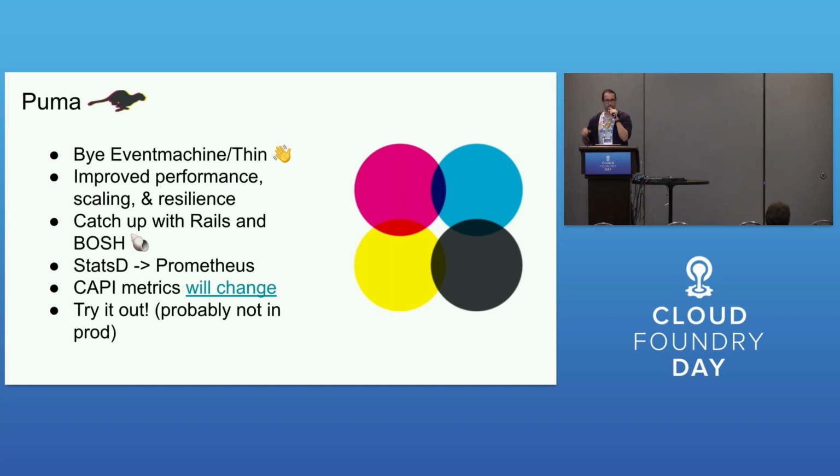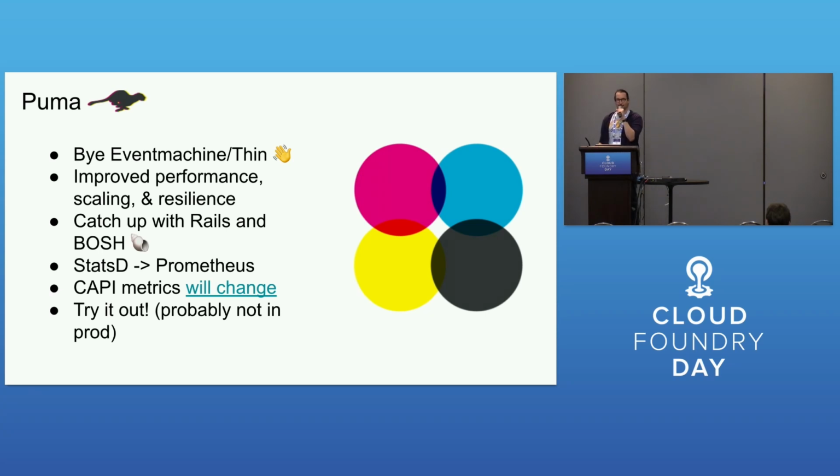We're also, as part of this effort, moving off of StatsD and making it so Cloud Controller's component metrics are exposed with Prometheus. This is part of a larger change to move all of the components over to Prometheus. As part of this, CAPI's component metrics will change.